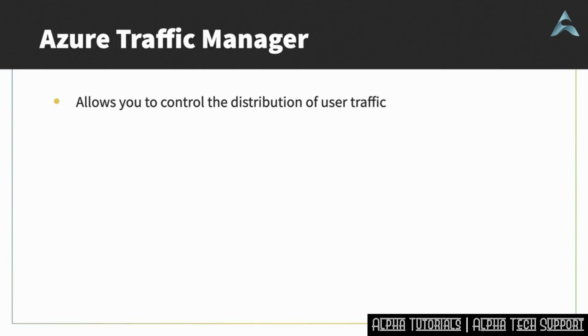All this is based on the traffic routing method and the health of the endpoints. Of course, if you have an endpoint that is no longer detectable, so not healthy, Traffic Manager will not route traffic to that endpoint anymore until it comes back as a healthy endpoint.